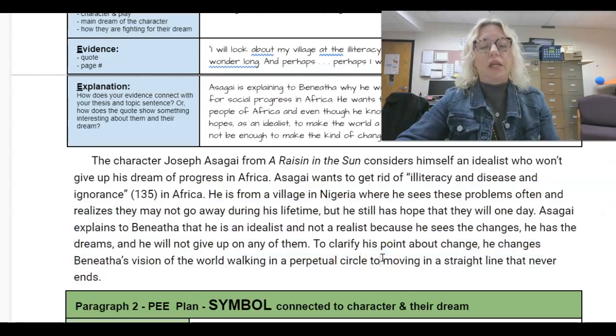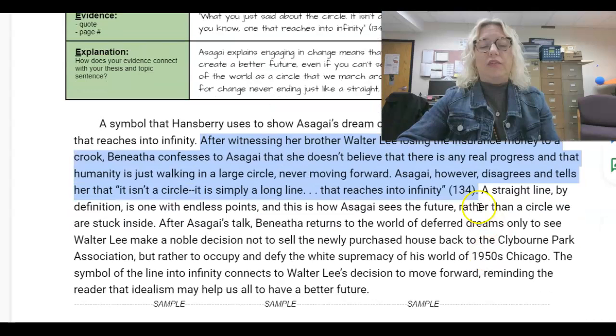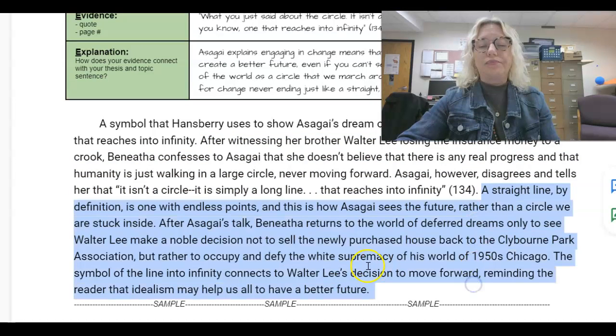All right? Same thing for paragraph 2. This main point is about the symbol, and then we've got the evidence, and then we've got the explanation.